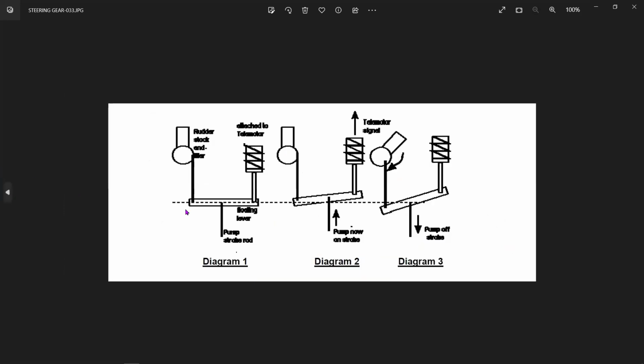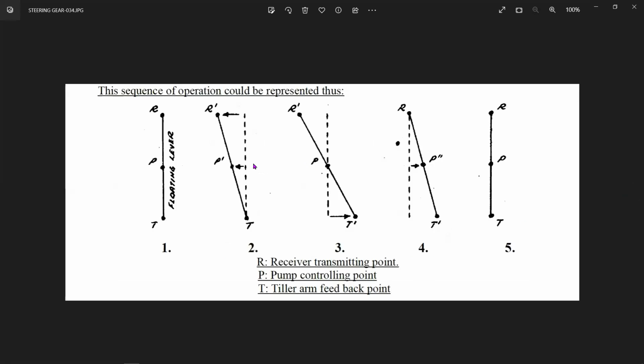All right, and in doing so, the entire floating lever is first horizontally pushed down because of this pressure coming from the feedback lever from the rudder stalk. The pump control lever, which had moved from P to P dash, subsequently comes back to P, and now point P acts like a fulcrum point.